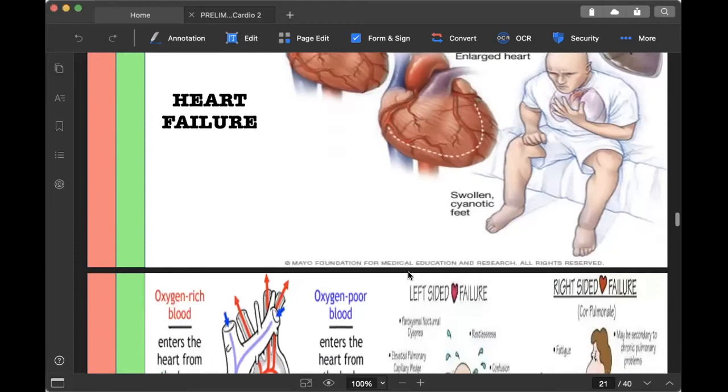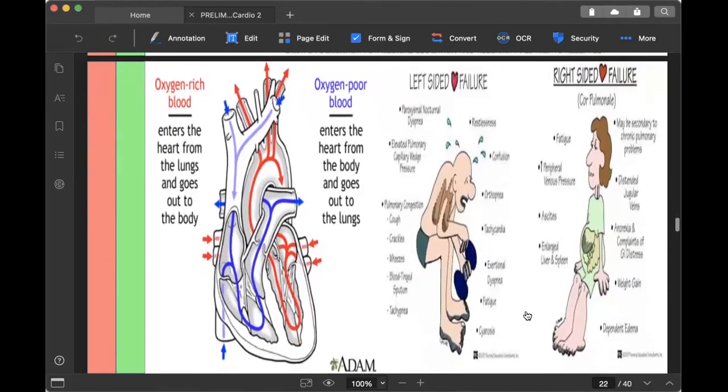Okay, now I also wanted you to determine the difference between left-sided failure and right-sided failure. Okay, and it will boil down to actually knowing where the oxygen-rich blood and the oxygen-poor blood are, or your oxygenated and unoxygenated blood. And as we all know, this is the blood circulation system. So what is happening here is that in a left-sided failure, the poorly oxygenated blood will actually enter our body.